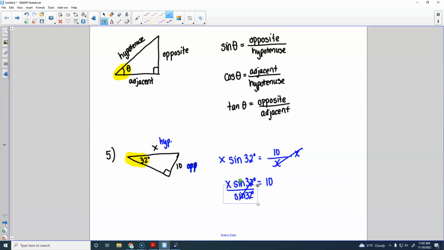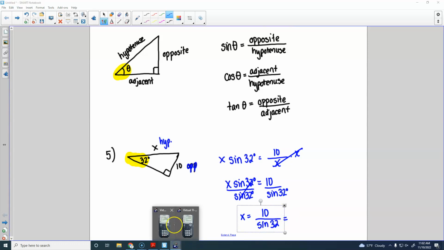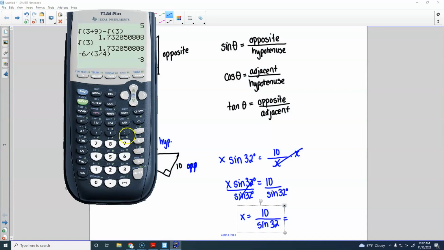As you do several of these, you might skip actually writing all this out, but I'm going to right now so y'all follow me. All right. So x is going to be 10 divided by sine of 32, which is 18.871.